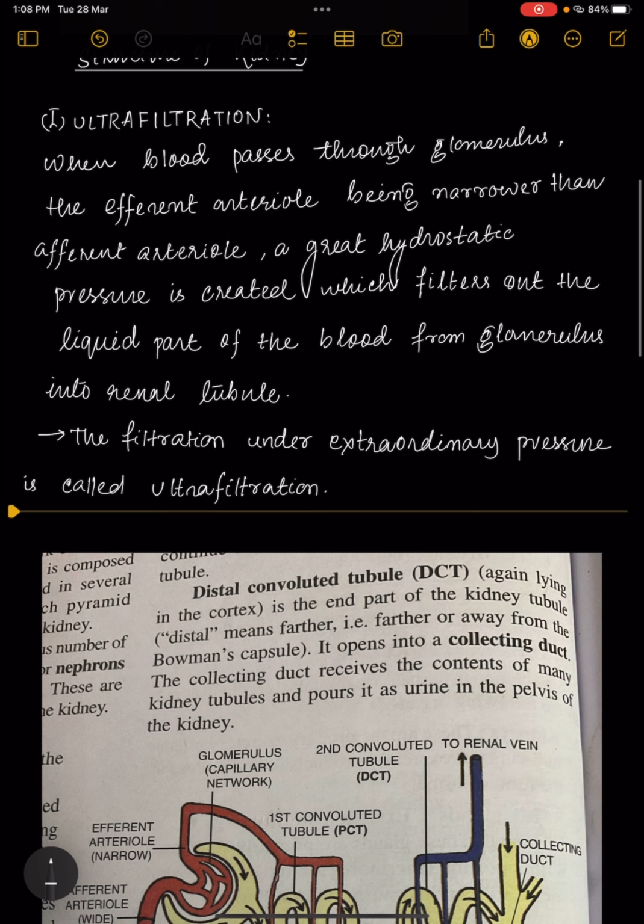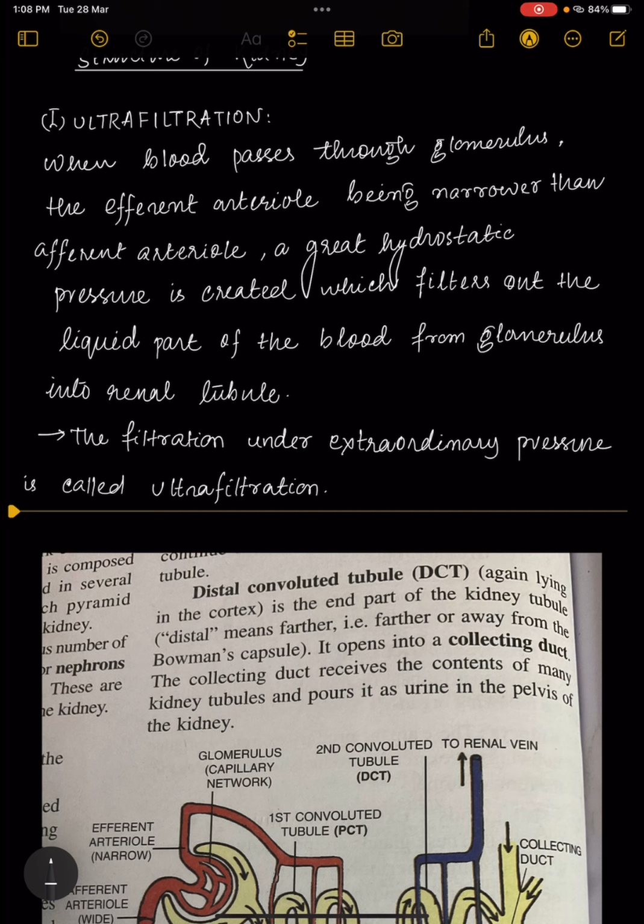Now what is ultrafiltration? The first process of the formation of urine is ultrafiltration. When the blood passes from the afferent arteriole into the glomerulus, which is a knot-like capillary in the Bowman's capsule, the efferent arteriole, or the outgoing arteriole, is quite narrower than the afferent arteriole.